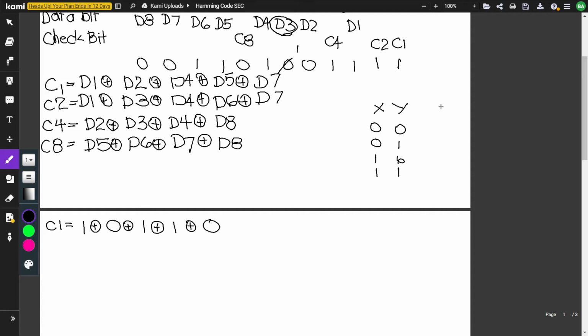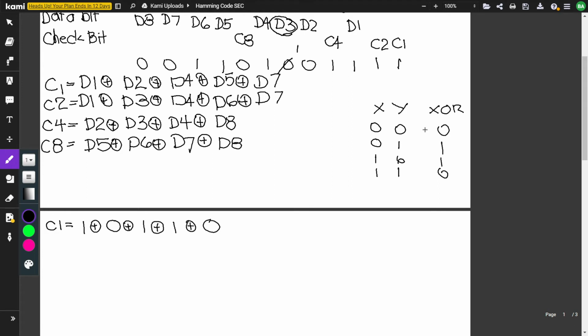What's the meaning of XOR? XOR means exclusive OR. For the value to be 1, the two values must be different from each other. If they are both 0, XOR is 0, or if they're both 1, it's also 0. So for a value of 1, the inputs must be different.